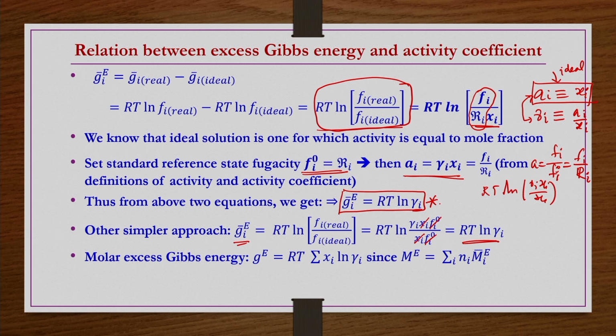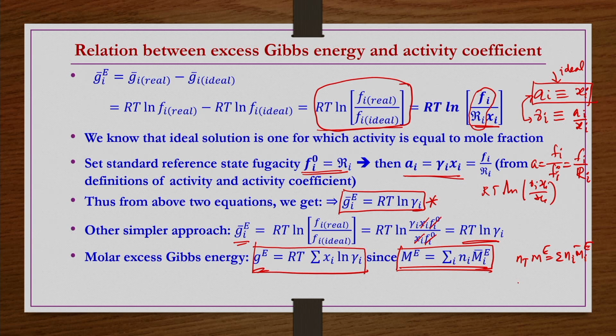If this one is the partial molar excess Gibbs energy, then you can write Ge, the excess molar Gibbs energy, as RT sigma xi ln gamma i, because we know this property holds good for excess functions also, as we saw in the previous lecture. So, Me is nothing but, with the total number of moles Nt, small me equals sigma Ni Mi bar E divided by Nt.